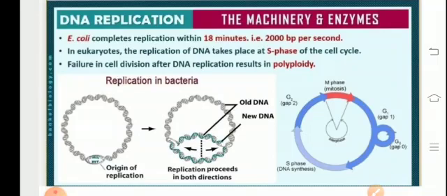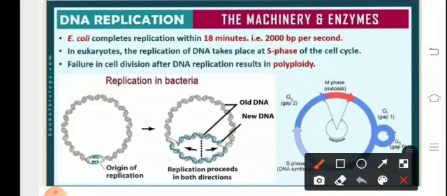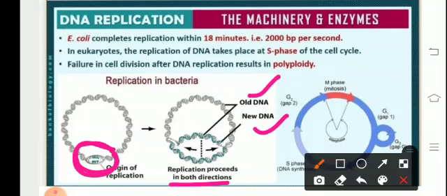In the case of bacteria, it exploits a theta model, where replication starts from a particular point and proceeds in both directions. This is the old strand, which acts as the template, and the other one is the new strand, the daughter strand, which is produced from the parental strand.